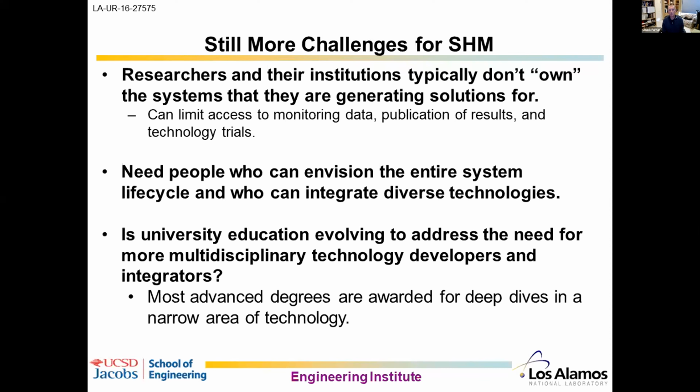I think we also have to look at university education, and whether it is evolving to address the needs. What you really need in structural health monitoring is multidisciplinary technology developers and integrators. And most advanced degrees are awarded for doing a deep dive in a narrow area of technology, and they're certainly usually not awarded for doing technology integration.